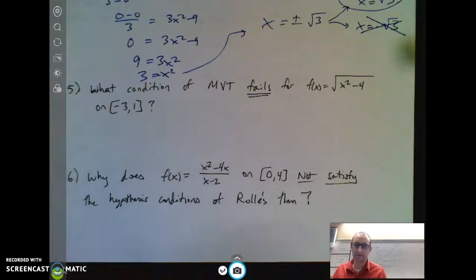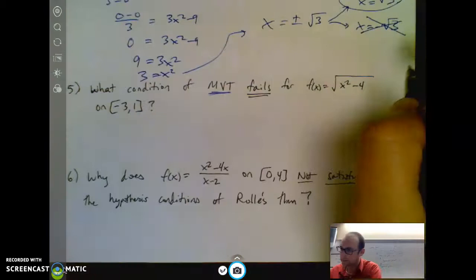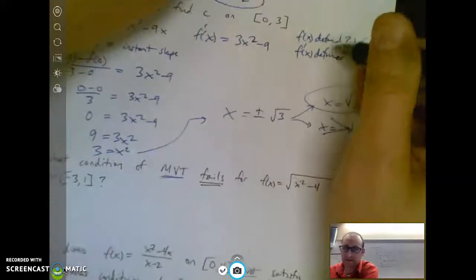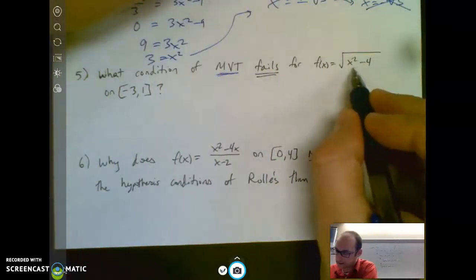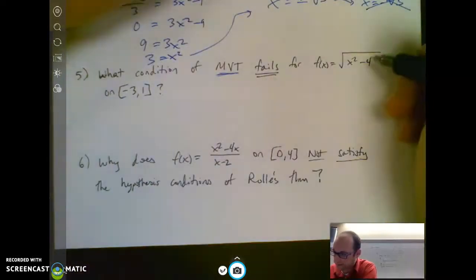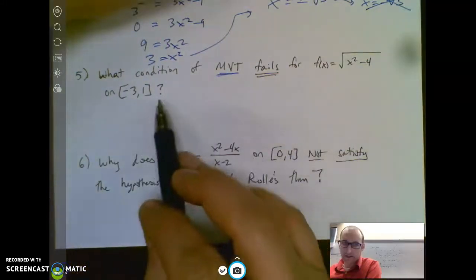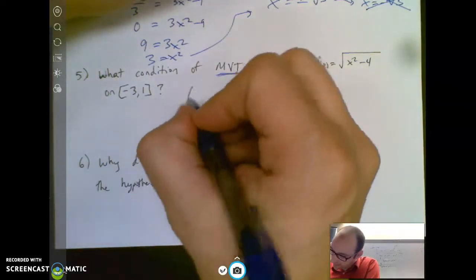Okay, so now we have this one, and what condition does it fail for the mean value theorem? The mean value theorem only has to have my original function defined and my derivative defined. So I want to check, is this function defined everywhere between -3 and 1?